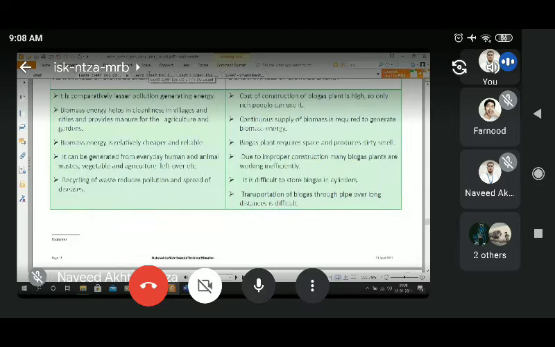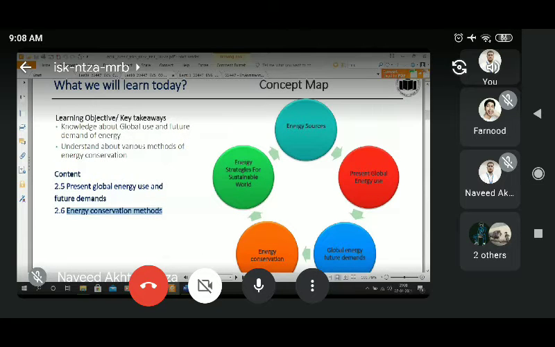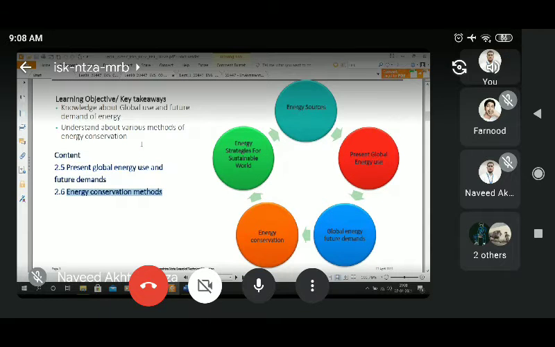We'll see the present global energy use and the future demand. Generally, energy sources globally we are using for our purposes.